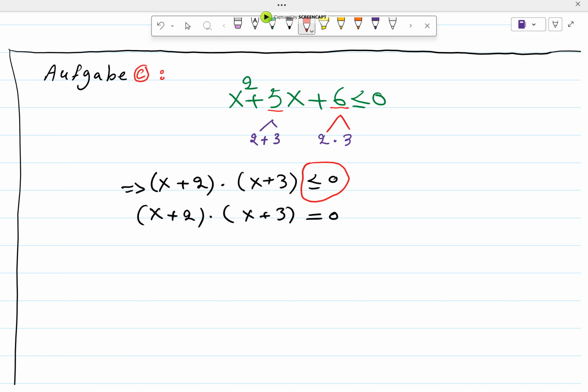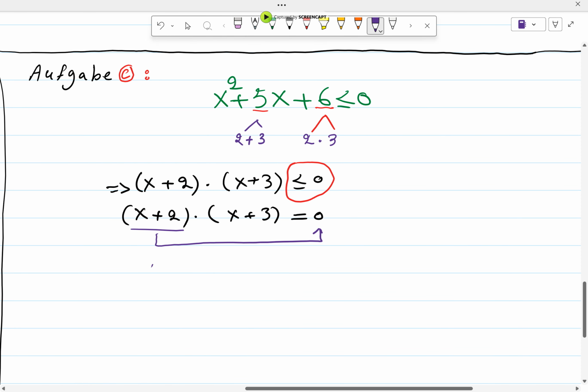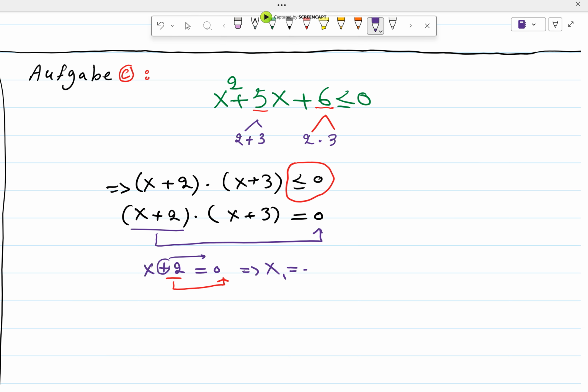My dear friends, now this x plus 2 we must set equal to 0. x plus 2 equal to 0. And now we want to move 2 to the other side of the equation. When we move it, the sign changes to minus. x1 is equal to minus 2.